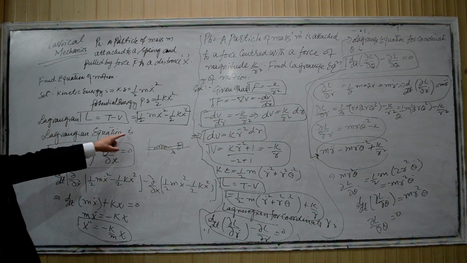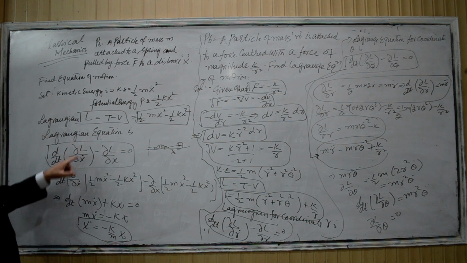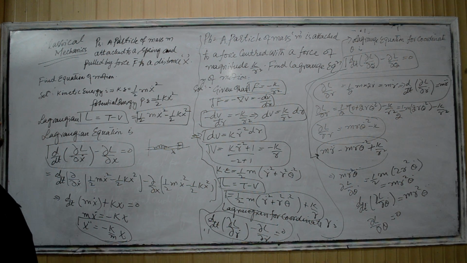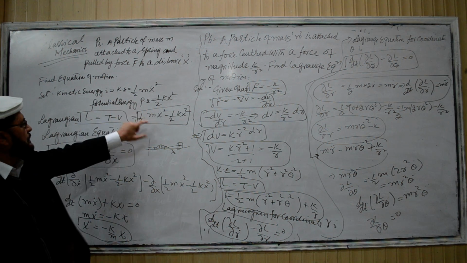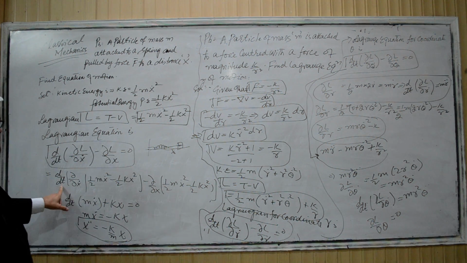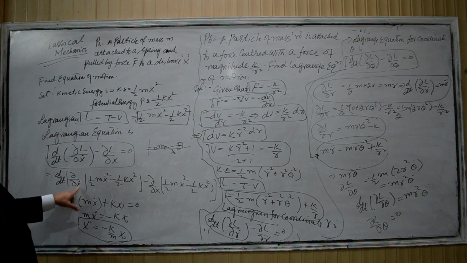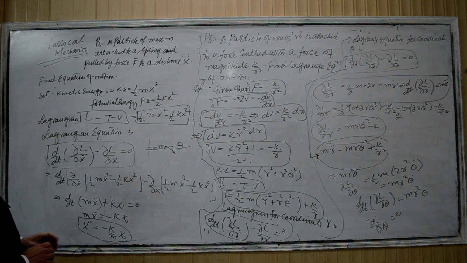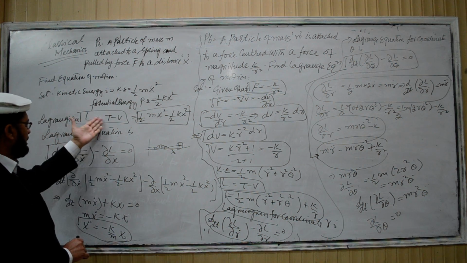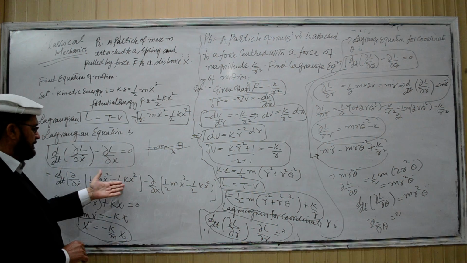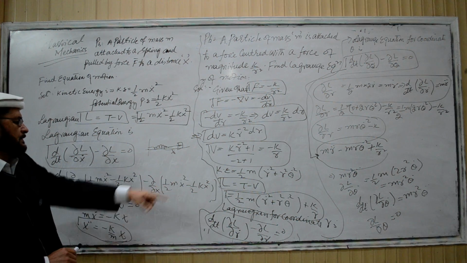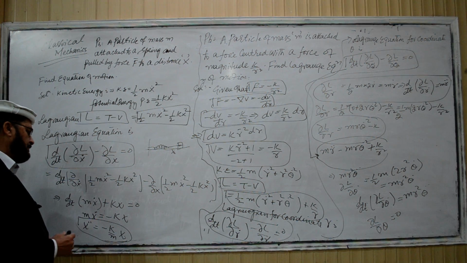So the Lagrangian equation is d by dt of del L over del x dot minus del L over del x is equal to 0. You see x dot and x. So d by dt of del over del x dot into 1/2 m x dot square minus 1/2 kx square. This is the Lagrangian, T minus V, putting the value of kinetic energy and potential energy, minus del over del x into 1/2 m x dot square minus 1/2 kx square.